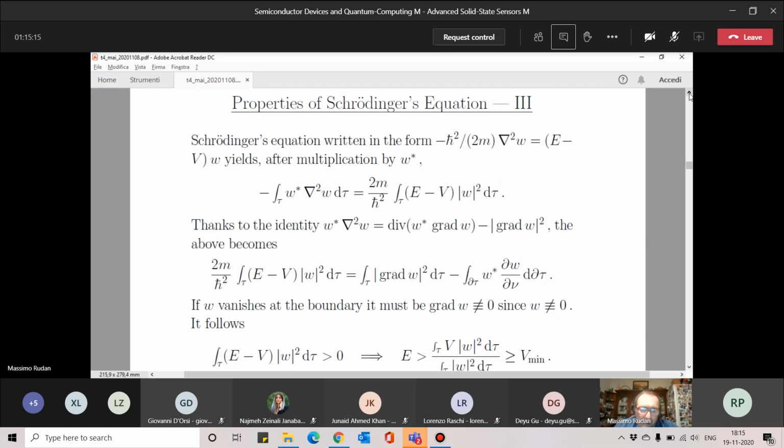On the left-hand side, you have to introduce some form of manipulation, because you have the conjugate of W times the Laplacian, okay?